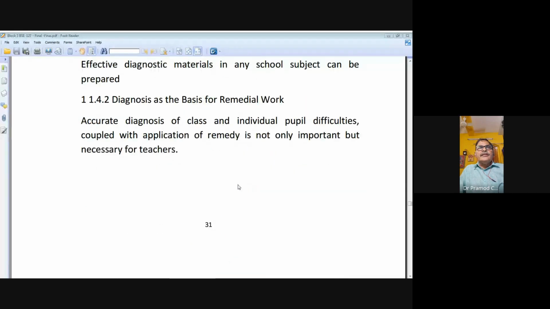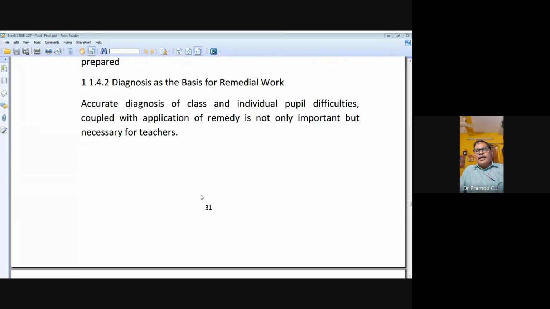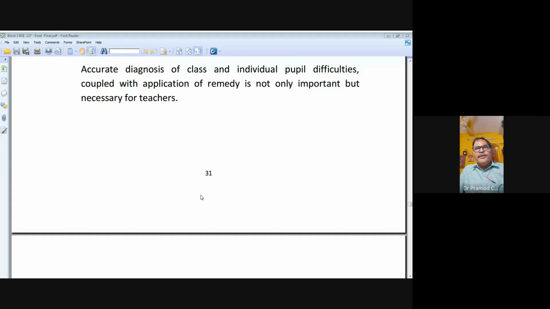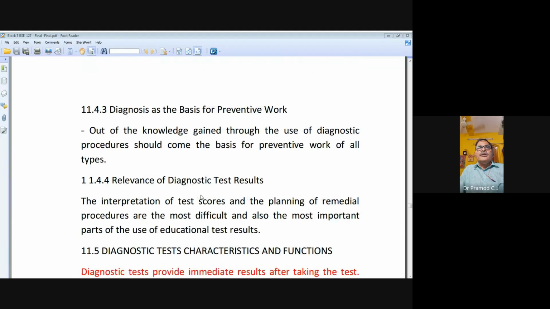So in this process, we must provide the accurate diagnosis. It is very essential for the individual who faces difficulties in different situations. So remedy is essential and a good teacher can provide a good remedy to others.